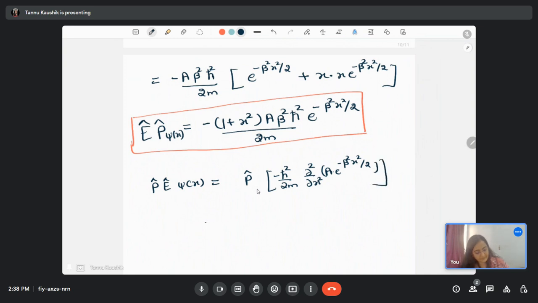Our function is a e raised to minus beta square x square by 2. So here I'm taking this out.